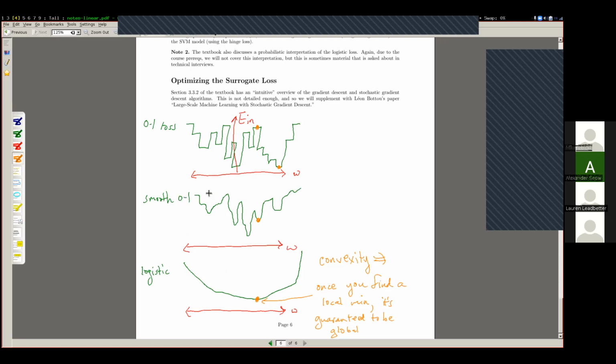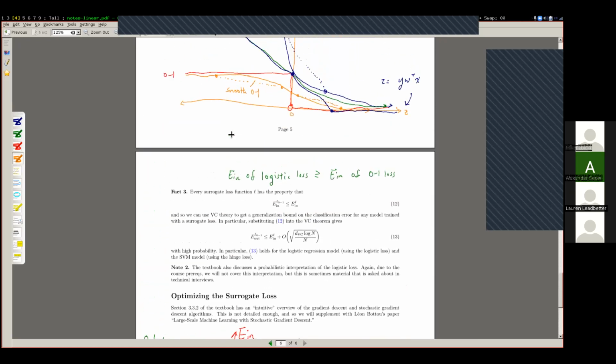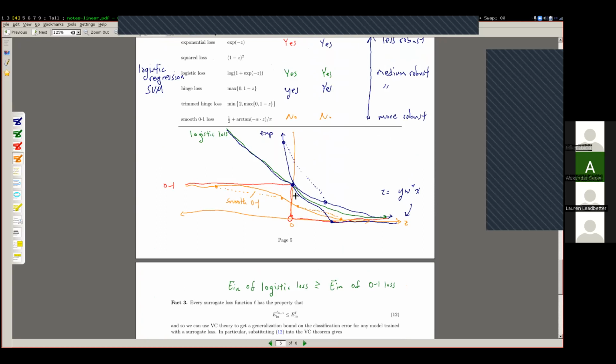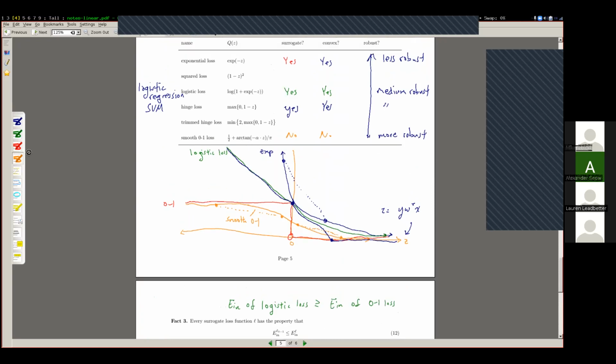The smooth 0-1 loss is essentially the most robust of our possible different loss functions, in that it really closely emulates the 0-1 loss. And actually, I didn't mention this before, but it's parameterized by this alpha value right here. And in the limit as alpha goes to infinity, the smooth 0-1 loss approaches the 0-1 loss exactly.